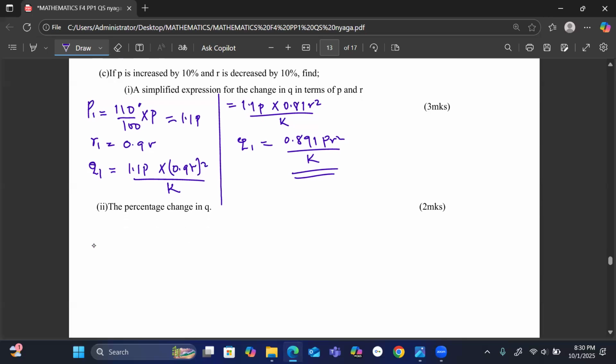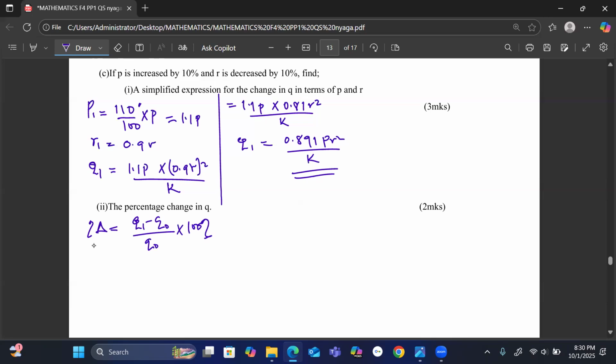Now, lastly, the percentage change in Q. Percentage change is equal to Q1 minus Q0, divided by Q0, and then times 100%. That is how we're going to find the percentage change.